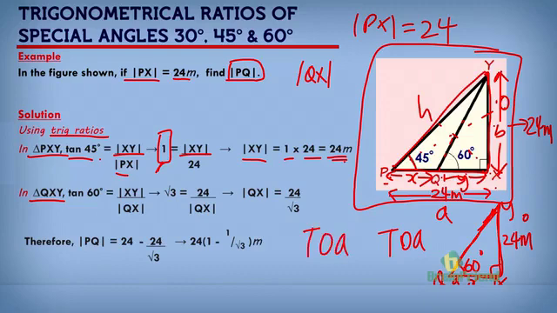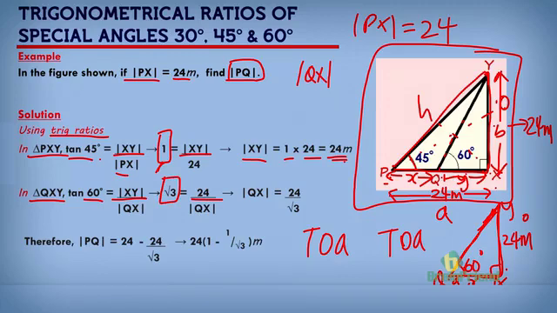Again, we make use of our tangent. So we say tan 60 degrees is what? Line XY, which is 24, all over line QX, which is our adjacent. Tan 60 degrees from the ratios we derived is root 3.